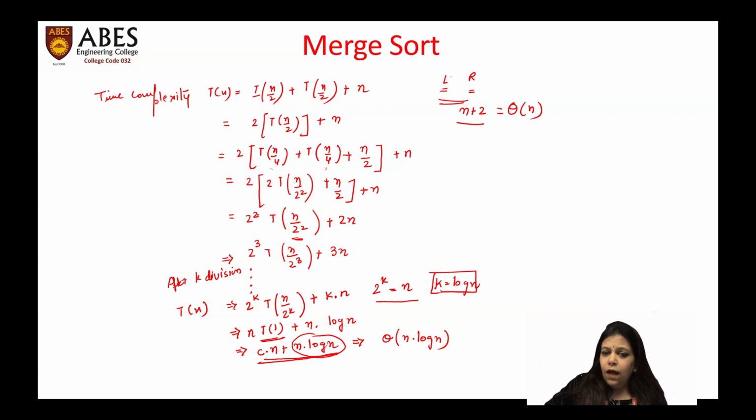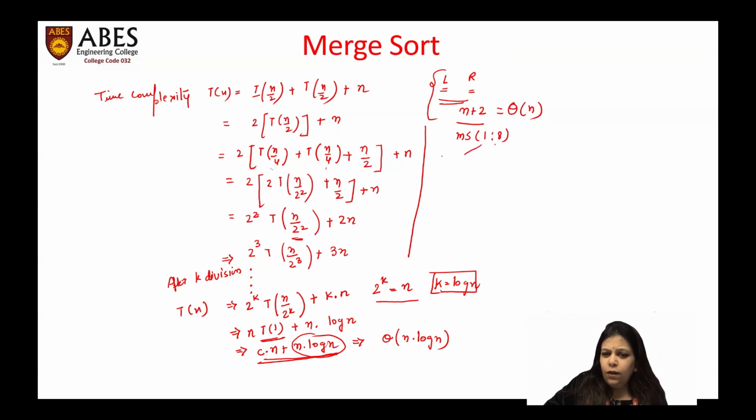But other than these two arrays, we have also used recursion, and we know that recursion uses an activation stack. Suppose we are calling the merge sort algorithm for 8 elements.